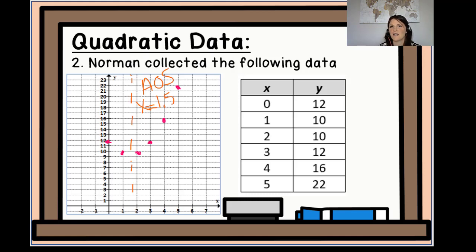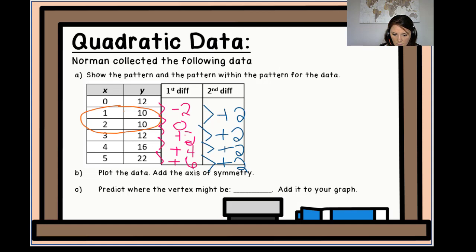So I think the vertex might be at 1.5, 9, so that's where I'm going to put mine. Maybe yours will be in a slightly different spot, that's okay. And then go ahead and record your prediction in the line for part C.